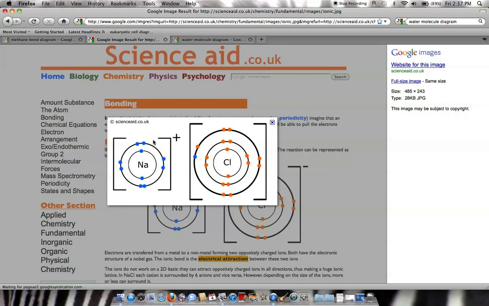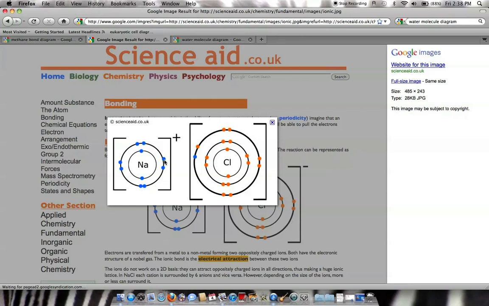Okay, and what happens is this electron, when sodium gets close to chlorine, bounces over and is donated to the chlorine so that the chlorine is happy with all of its electrons in the outer shell, 8 of them. It's very nice. And then sodium is happy. It's got 8 electrons in the outer shell there.